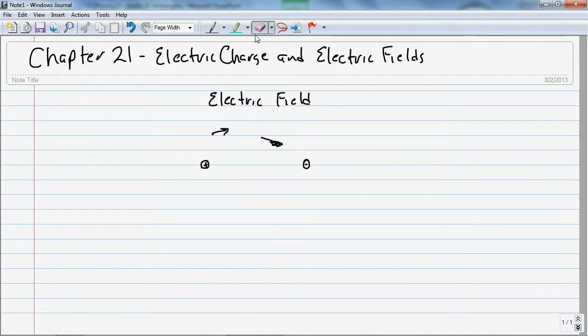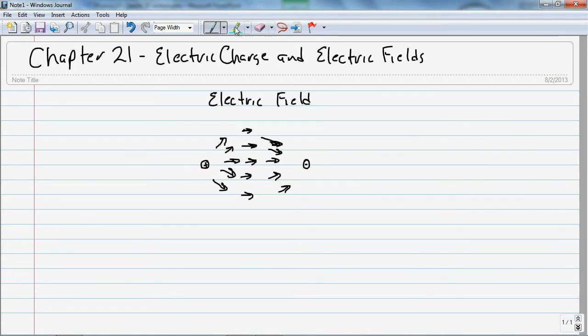This isn't going to be perfect, but it should be similar here. Something like so. Every point has these vectors, and it's the influence of those two charges in space.